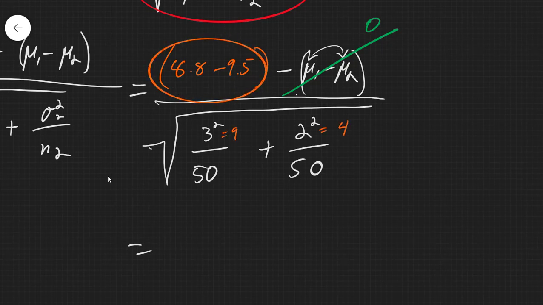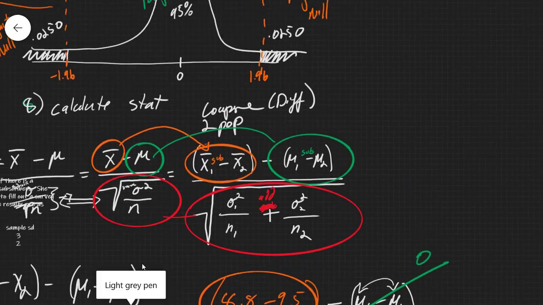This turns into a 4. Luckily, these two are the same, so whatever. And through the magic of mathematics, we know that this is going to be negative 1.37. So our z, our test for the difference, is going to be negative 1.37.